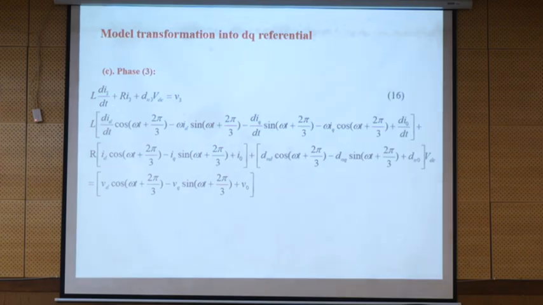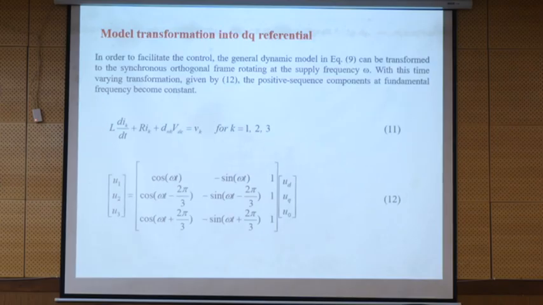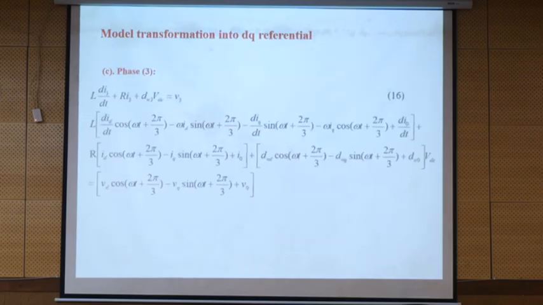And in phase 3, we follow this part, cosine omega t plus 2 pi over 3 times Vd minus sine omega t plus 2 pi over 3 times Vq plus U0. So by this, we reach this equation.